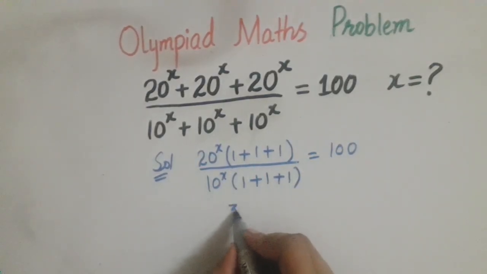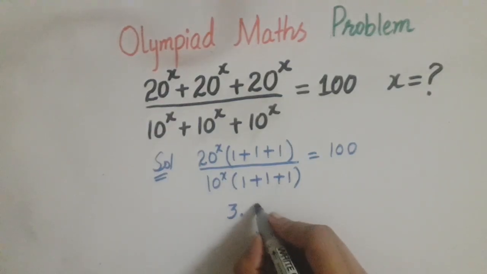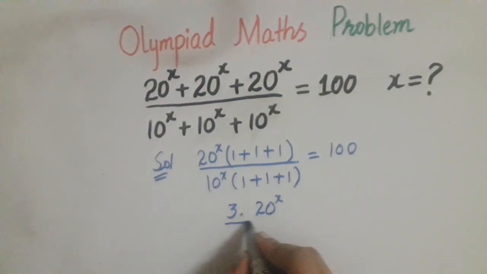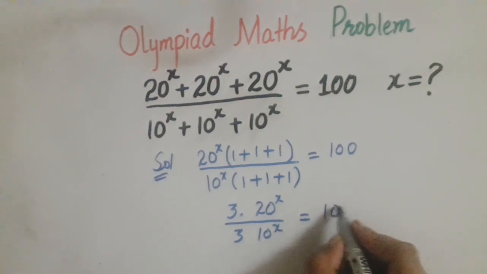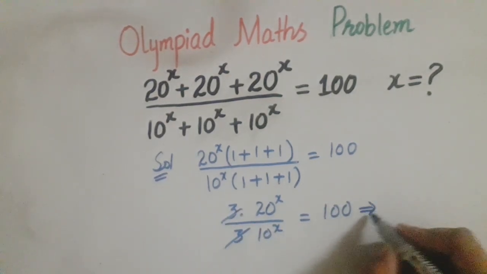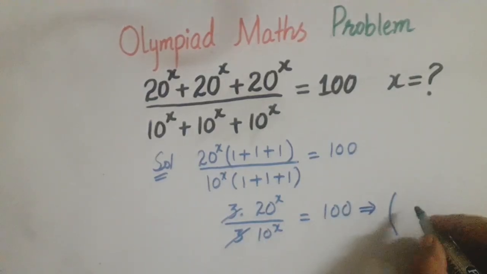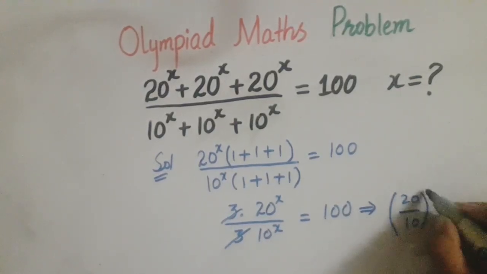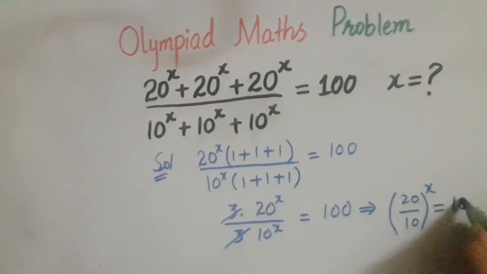Now we get 3 into 20^x divided by 3 into 10^x equals 100. Now 3 and 3 cancel out, and this can be written in the same power, (20 by 10) whole power x equals 100.